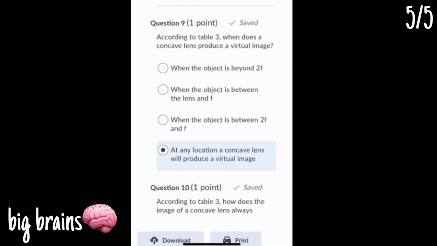They go into the medium and change direction. For concave, they spread out, unlike convex, so all you get is virtual images. I rambled, but I'm trying to explain it as best as I can.